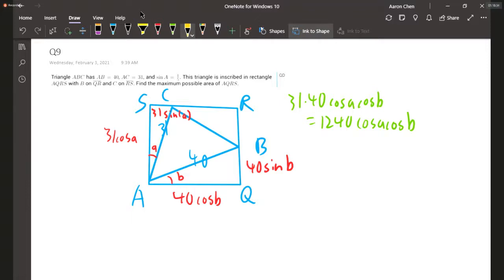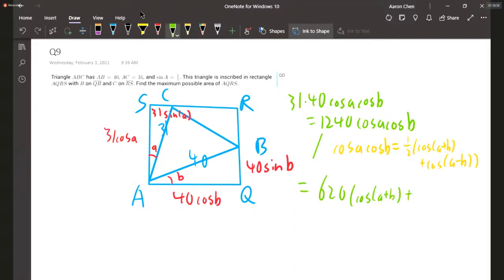So that tells you that cosine A cosine B is equal to 1/2 of cosine of A plus B plus cosine of A minus B. And so from here you can continue to 620 times cosine of A plus B plus cosine of A minus B.